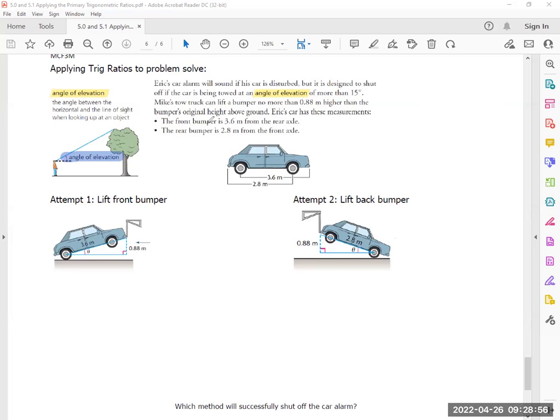So the textbook was nice enough to draw us a picture. If we lift from the front, so use the back wheel as my pivot, my triangle is going to look like this. So the height can only be 0.88, and the hypotenuse is 3.6.